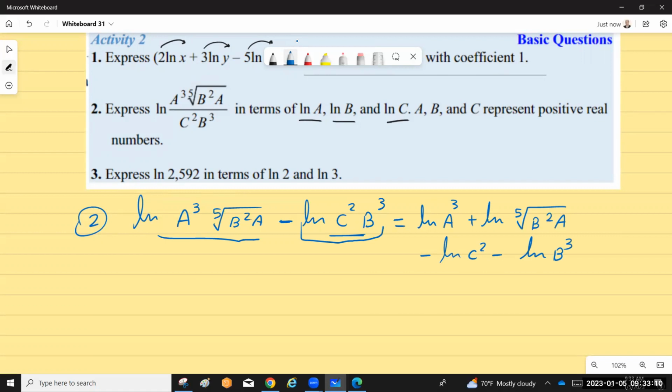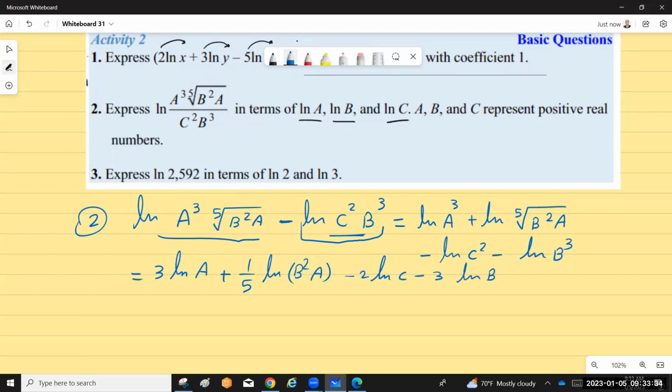So you simply write 3 ln a plus this 5th root means 1 over 5 of ln b squared a, okay, and minus 2 ln c minus 3 ln b, okay?